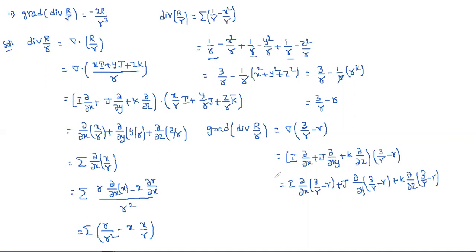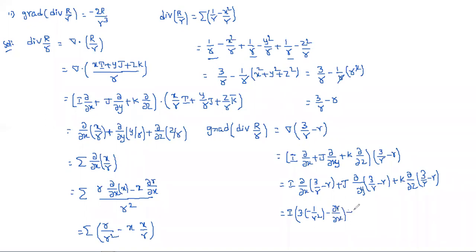So this is equal to i into, with respect to x, 3 is constant, and the derivative of 1 by r is minus 1 by r square, minus ∂r/∂x.